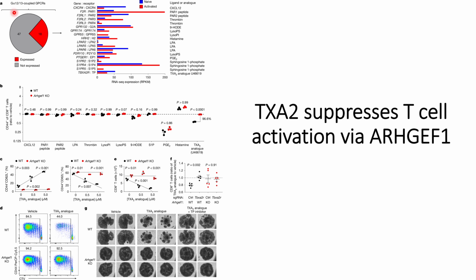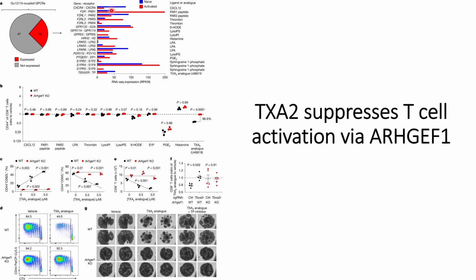So they checked the bioinformatics of naive and activated T cells, and the interactions of the G alpha 12 and G alpha 13 coupled GPCRs. What they saw is that in activated T cells, 18 of these G alpha 12/13 coupled receptors are found, and those 18 are shown here.